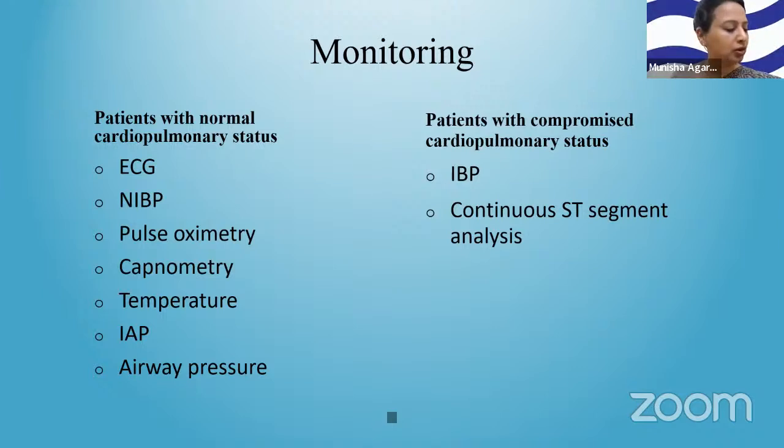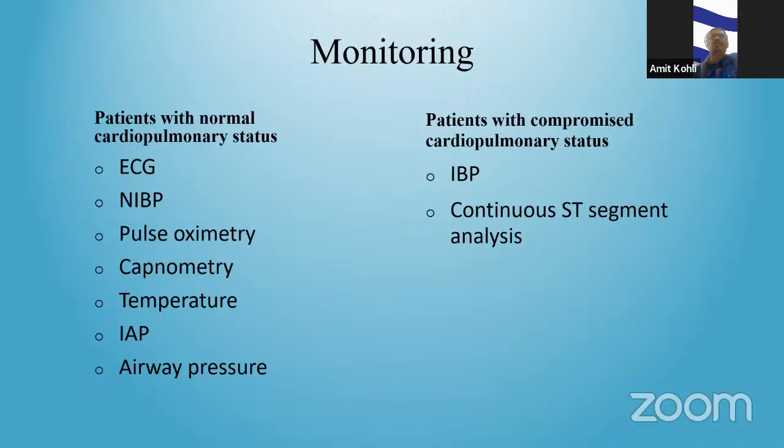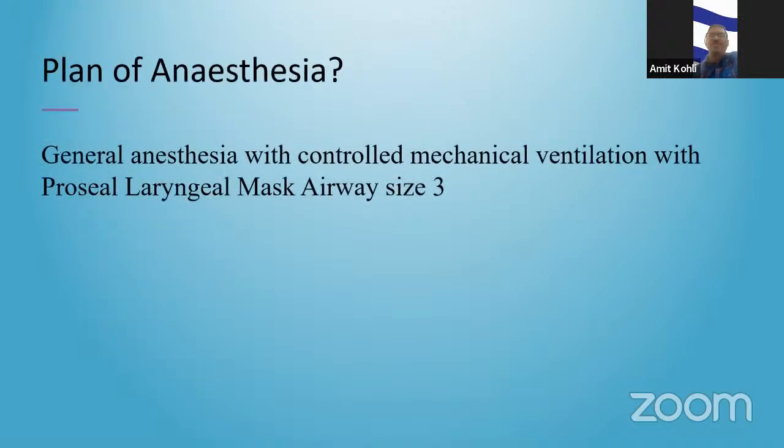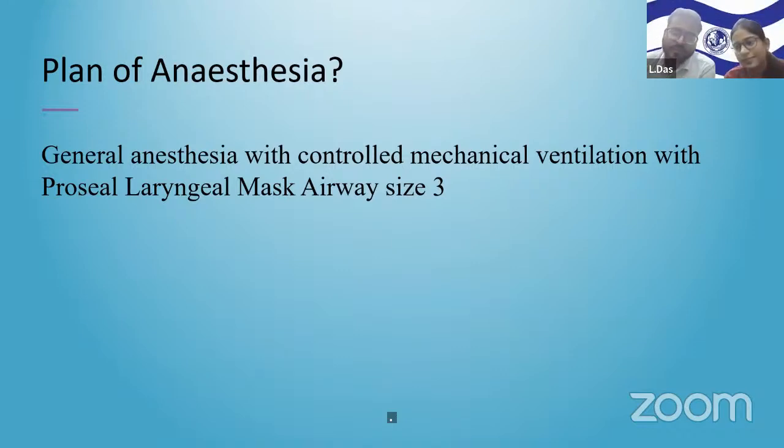Okay. So you have mentioned in your plan of anesthesia that you will be going for a supraglottic airway device, that too a second generation one, right? Mostly in surgeries I've seen people putting an endotracheal tube. So why have you selected supraglottic? Is there any advantage over endotracheal tube? Yes, sir.